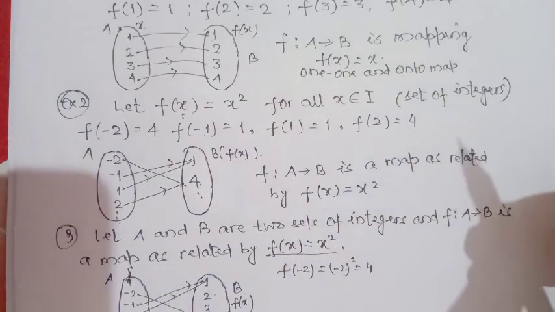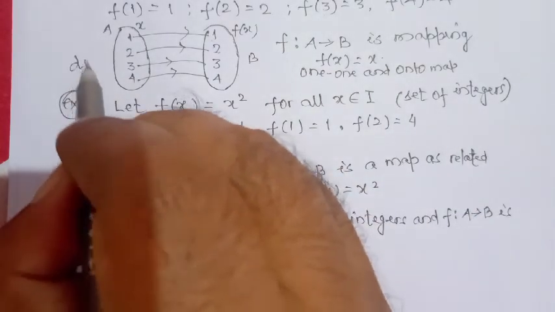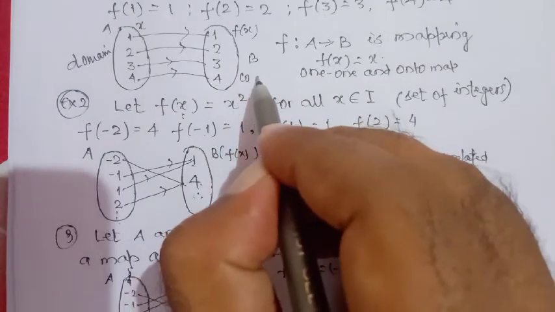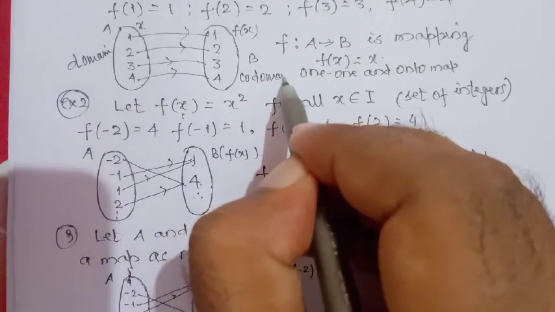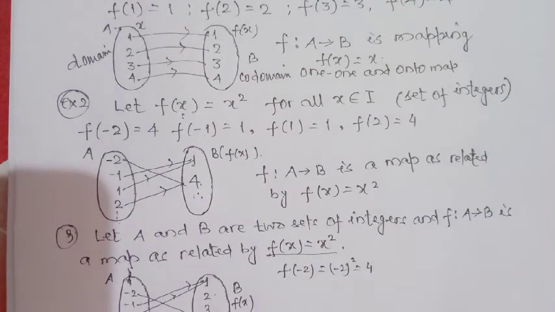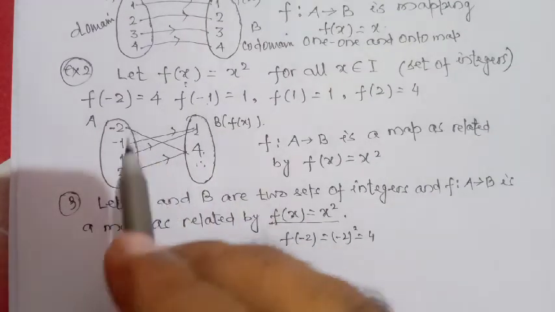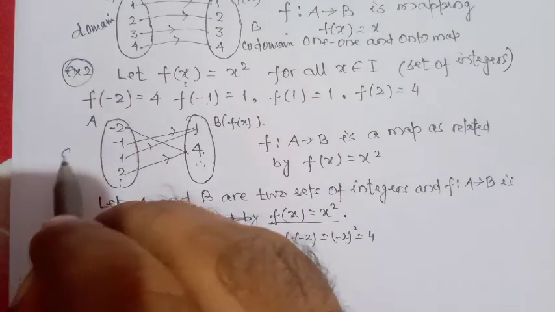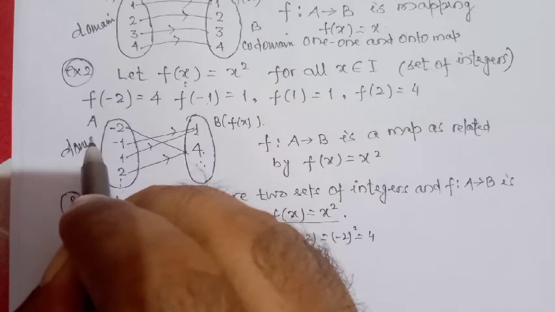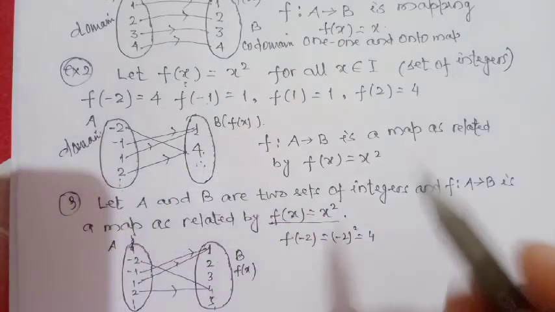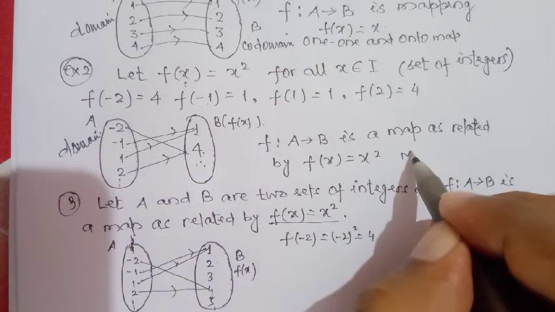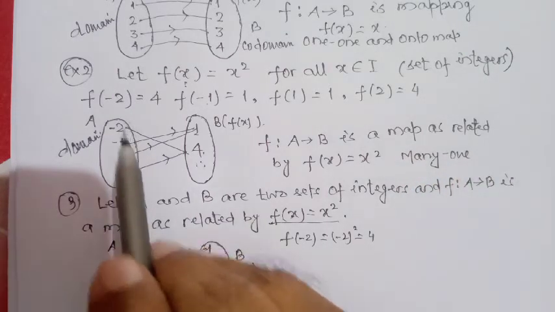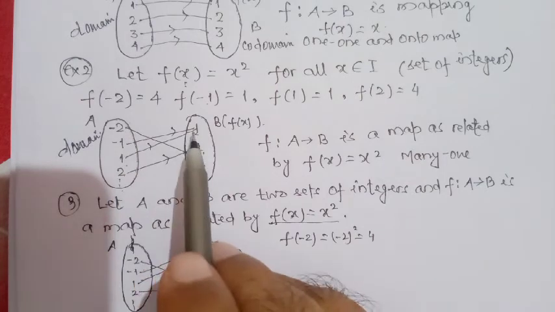And set A is domain, set B is called codomain. Similarly, in second example, more than one element of domain has one element, so instead of 1-1 we call it many one, more than one, many to one.